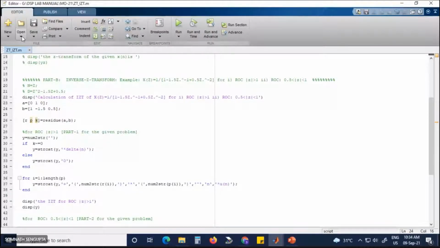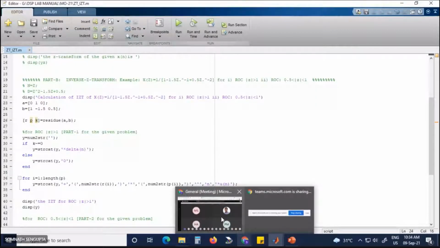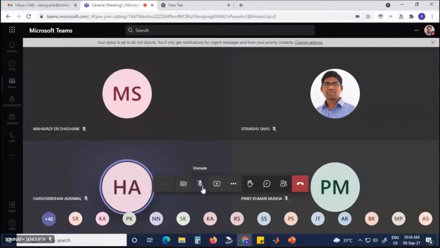Can you tell? Sir, ROC should be outside the unit circle if a is negative for a non-causal sequence, sir.